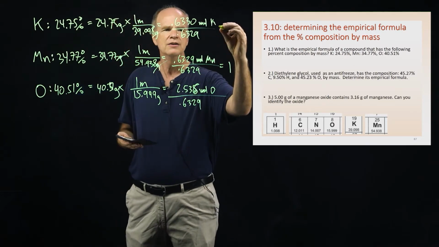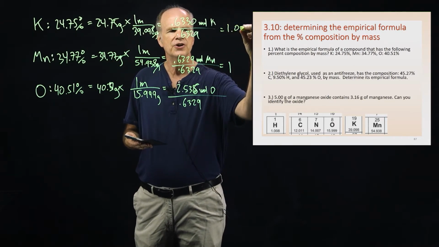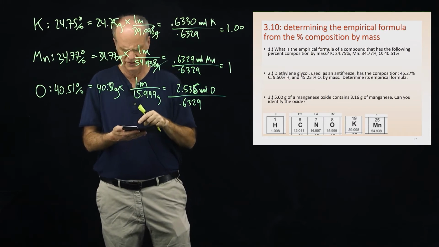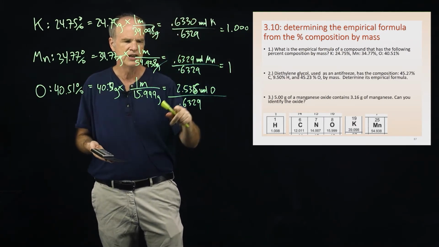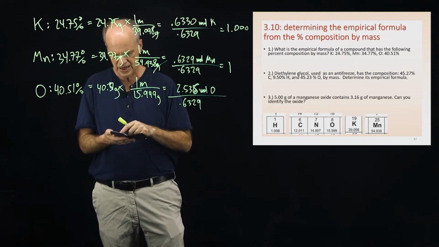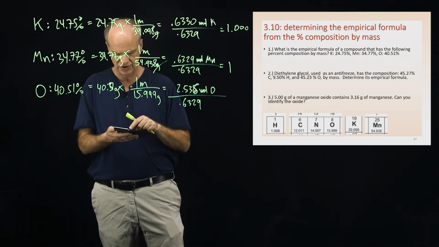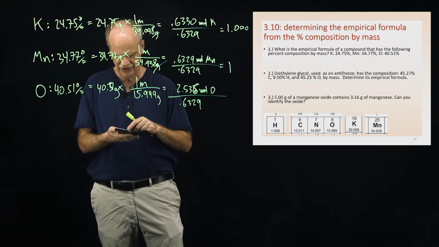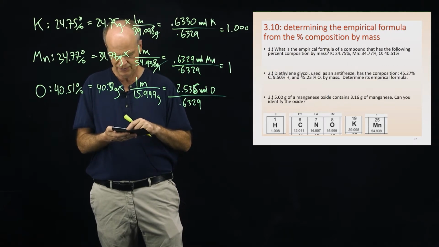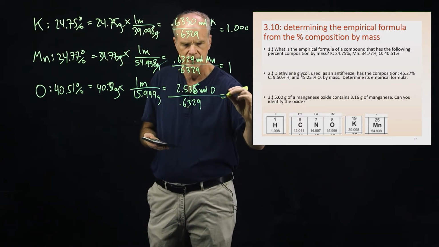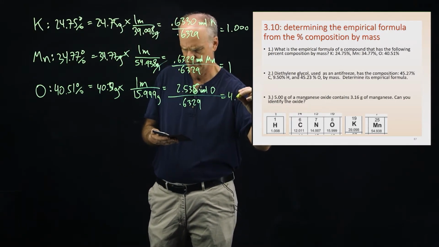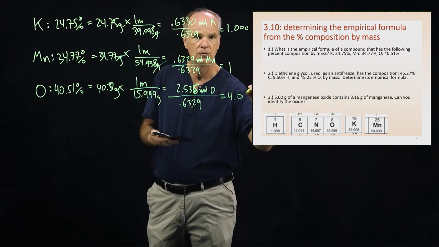So it's 1.000. Okay, 4 significant figures. And then 2.536 divided by 0.6329 for oxygen, and we get 4.01.